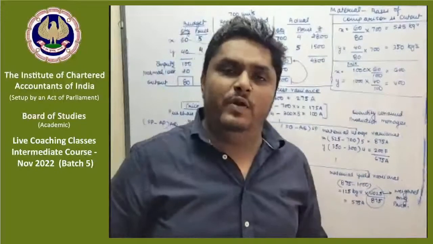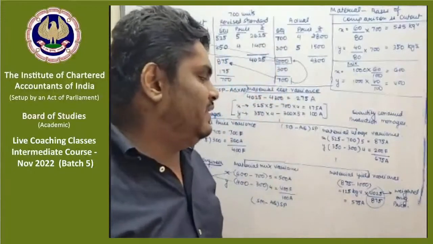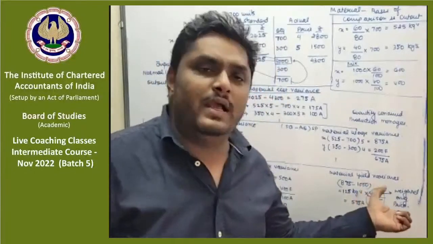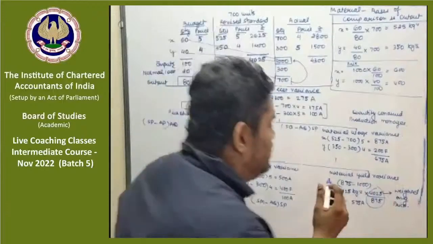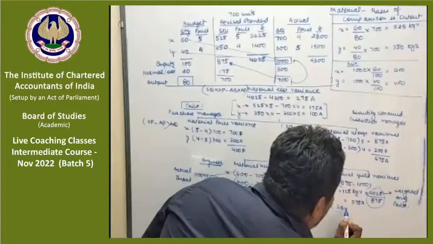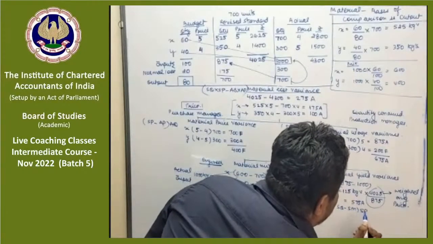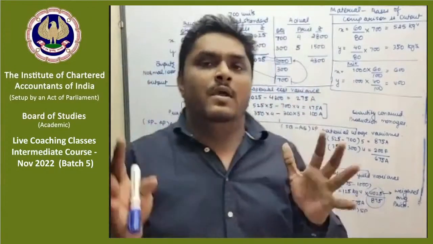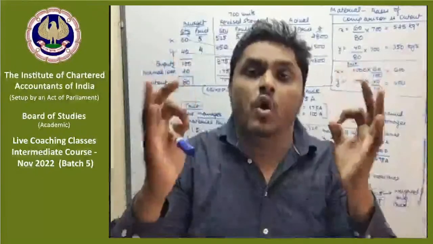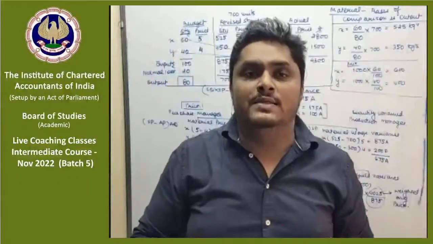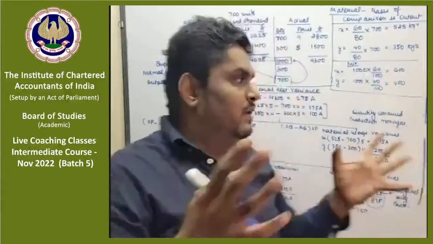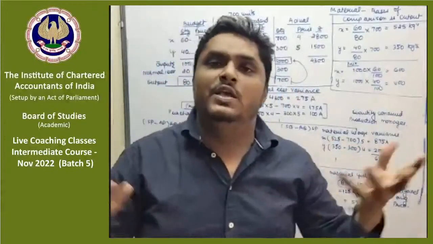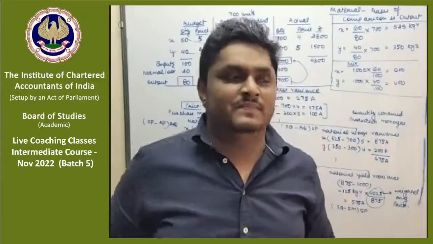There is a separate formula given in the material, but I have solved it in a comparatively easier way. So you can refer to the study material for the formulas, but still I suggest no need to memorize the formulas. Better learn the concept. If you are thorough with the concepts, you can easily prepare formulas.